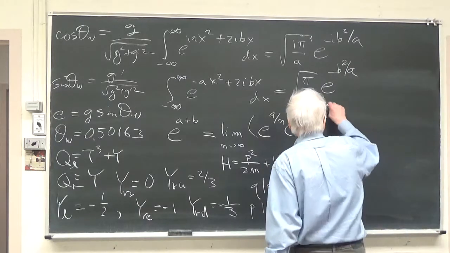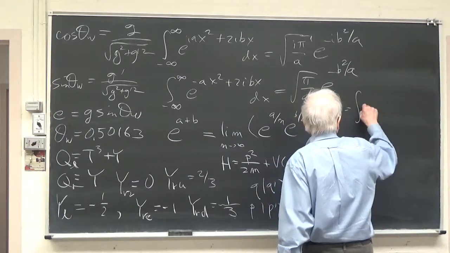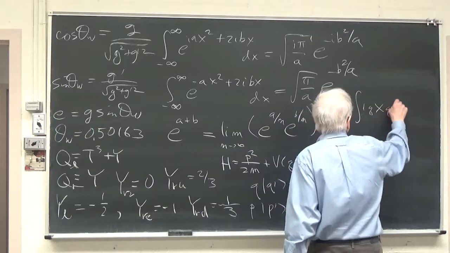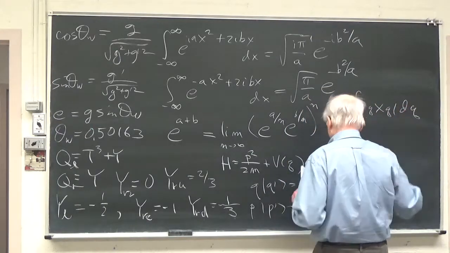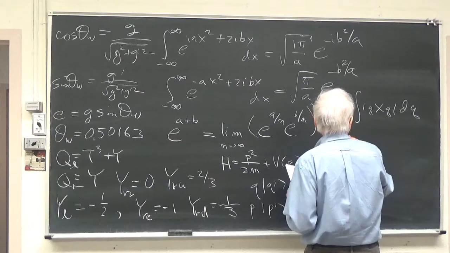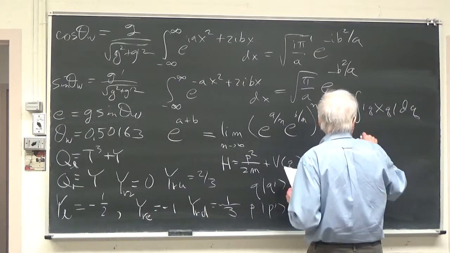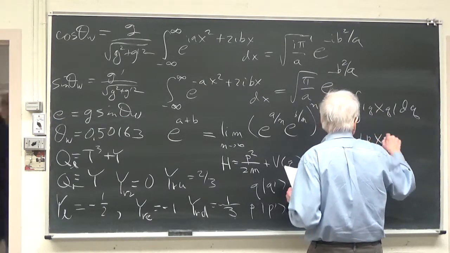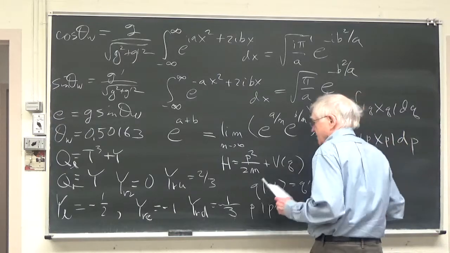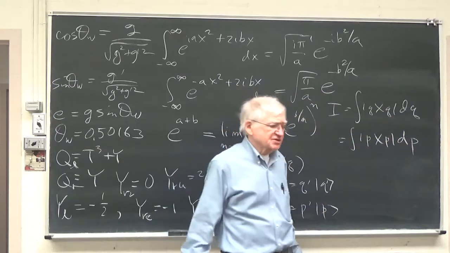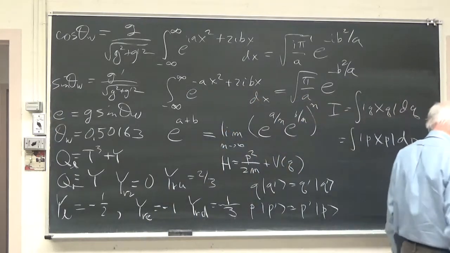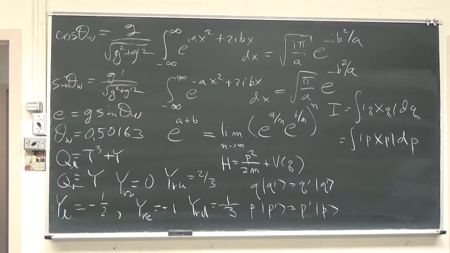The identity operator is an integral of |q><q| dq, and it's also an integral of |p><p| dp. So outer products of position or momentum eigenstates integrated give you the identity operator.